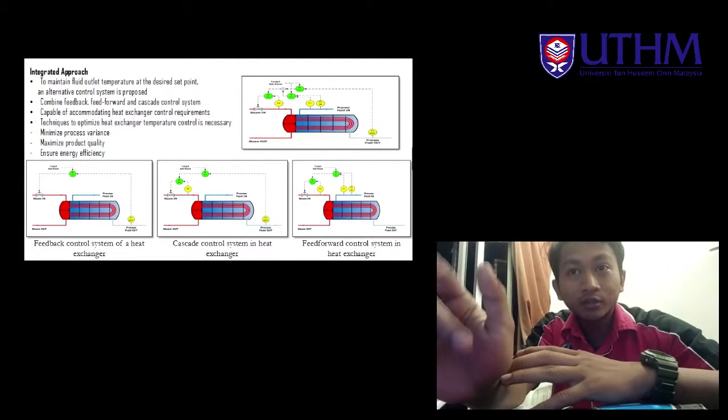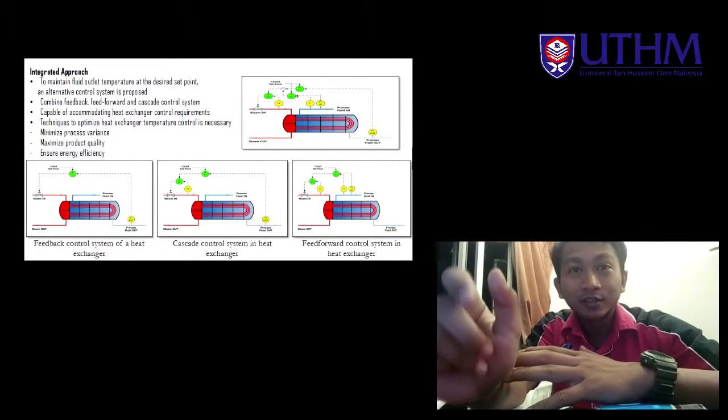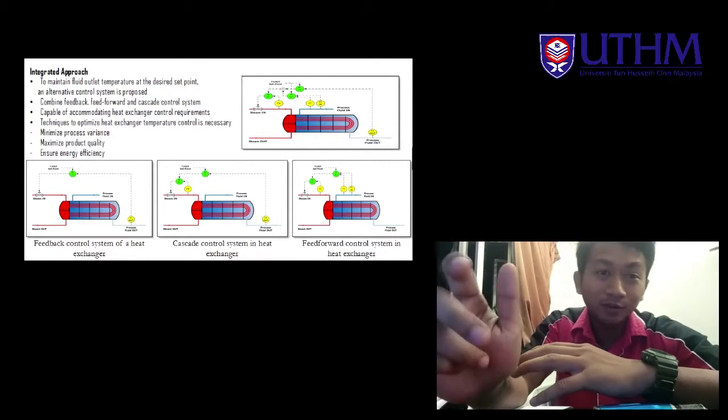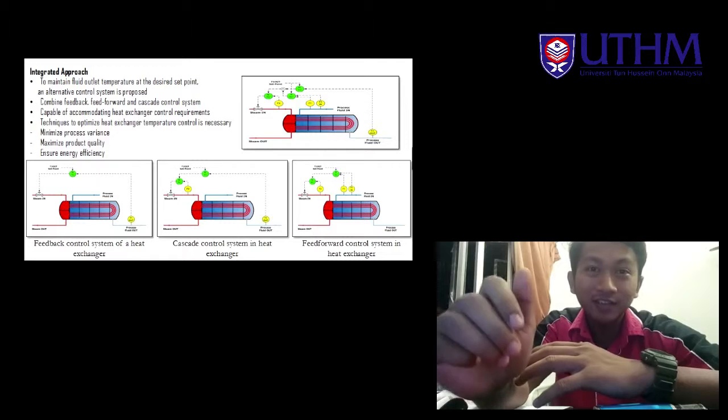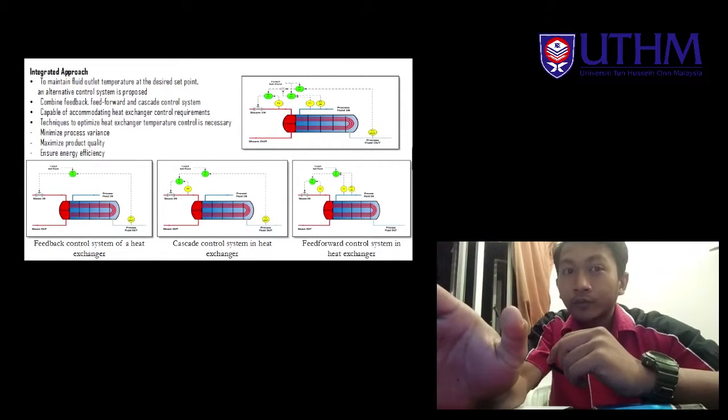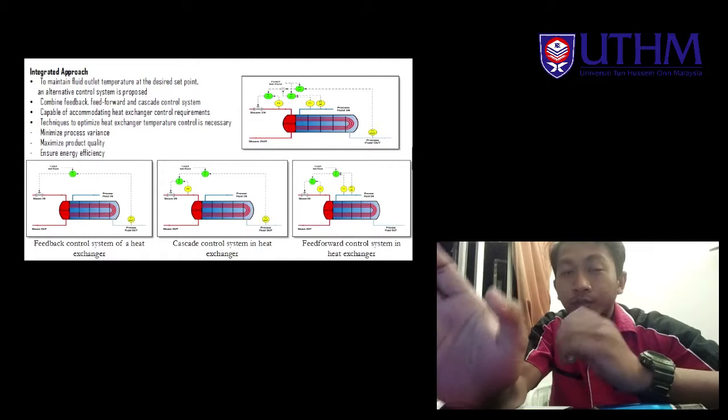Heat exchanger temperature control is necessary to minimize process variance, maximize product quality and ensure energy efficiency.